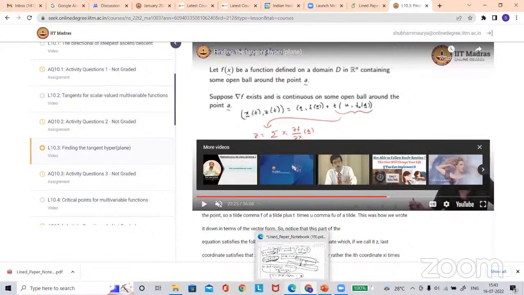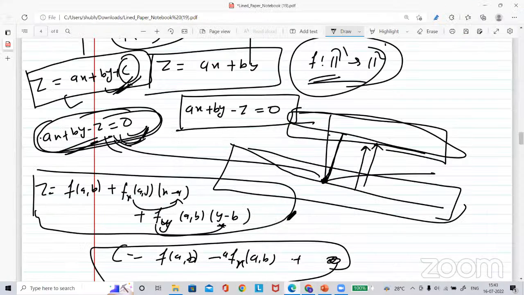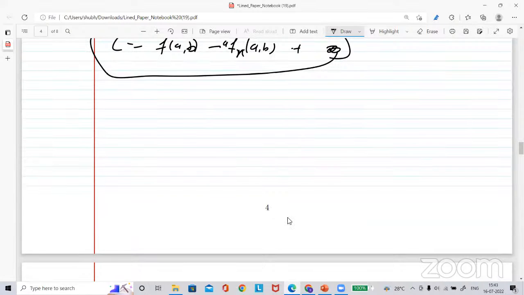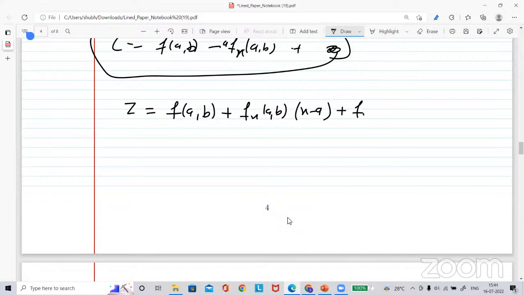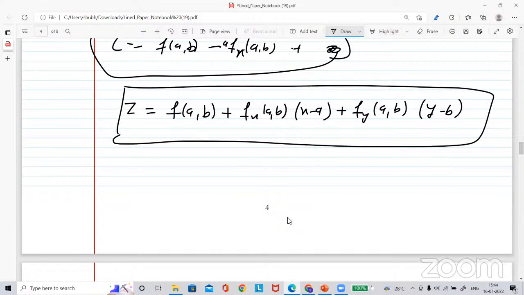The equation of the tangent is written like this: value at that point plus fx(a,b)(x minus a) plus fy(a,b)(y minus b). This is the formula for the tangent for a function R2 to R. That is a tangent plane. This is our tangent plane.